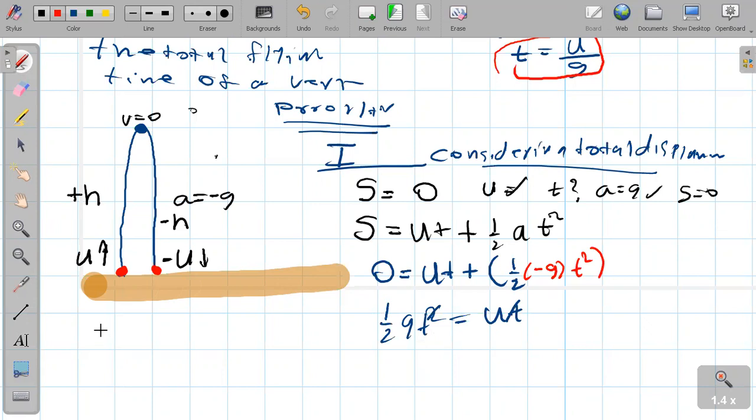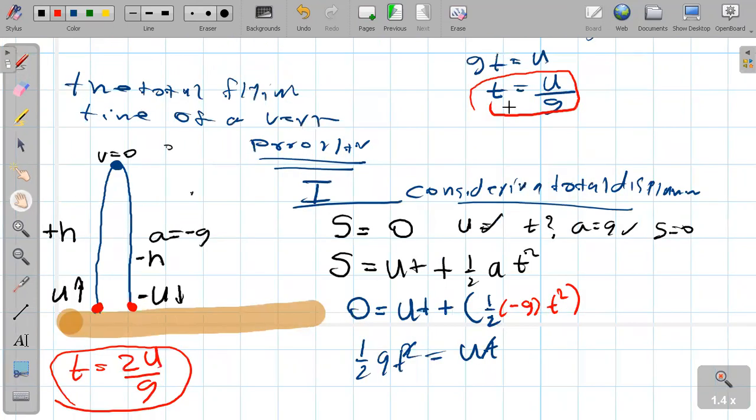What about the final t? t equals 2u over g. It is exactly double this one: to move up it takes u over g, and coming down takes the same, so together it is 2u over g. Really simple. Copy this.